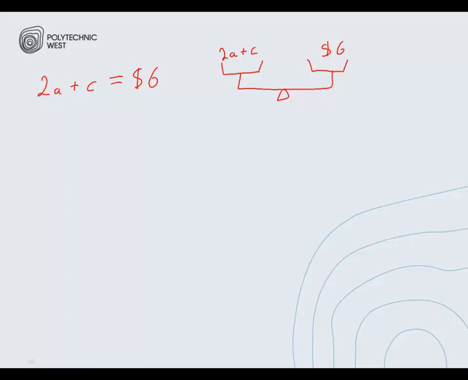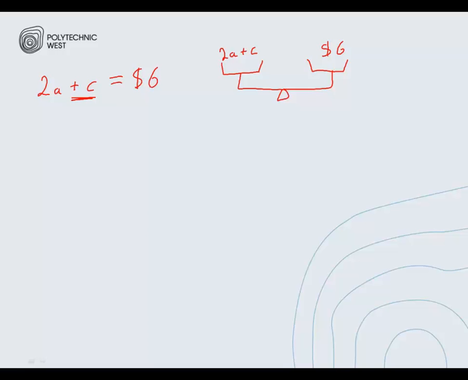I want to get apples by itself. I want to know how much an apple costs. So first I'm going to try and get rid of the carrot. I'm going to subtract the carrot from both sides. Basically, I'm going to take the carrot out of the scales on both sides.